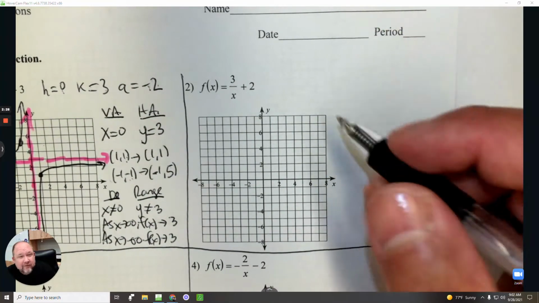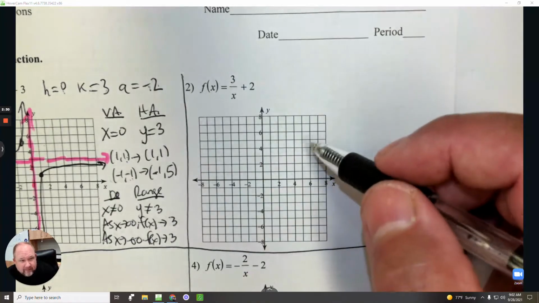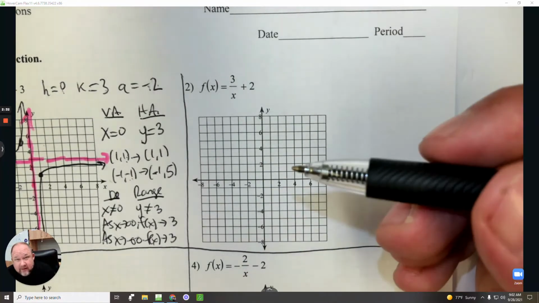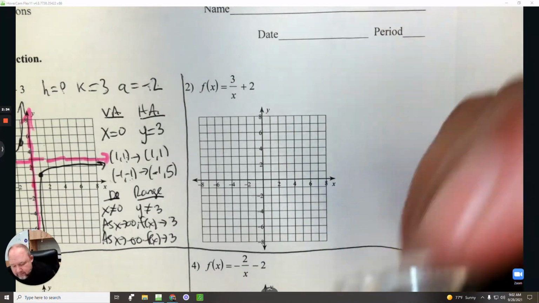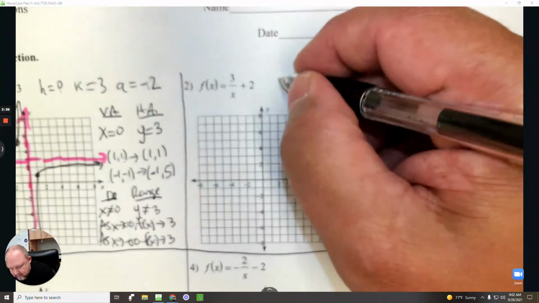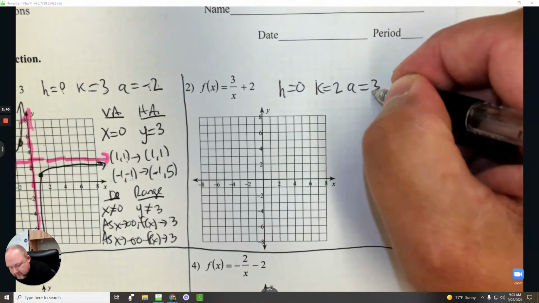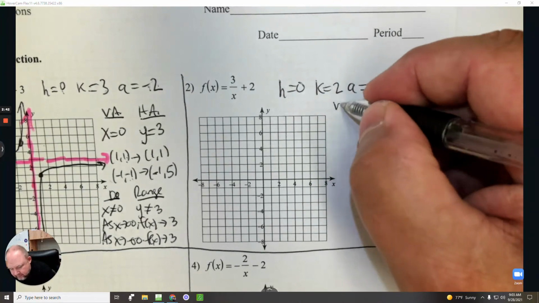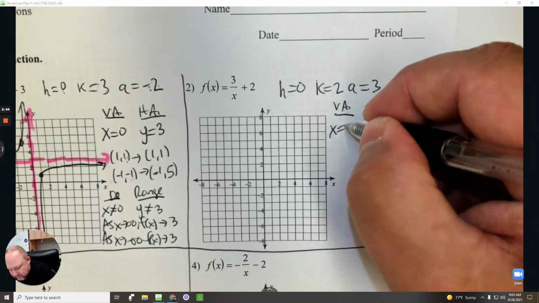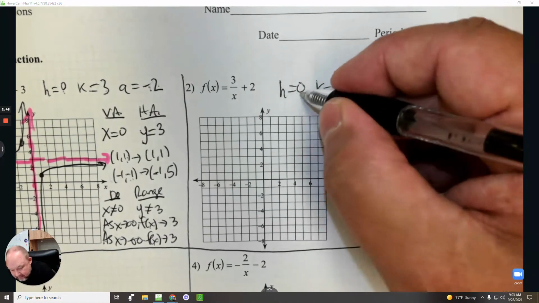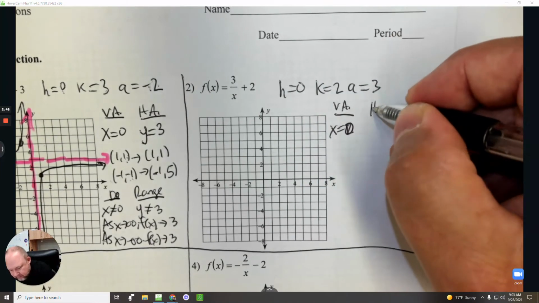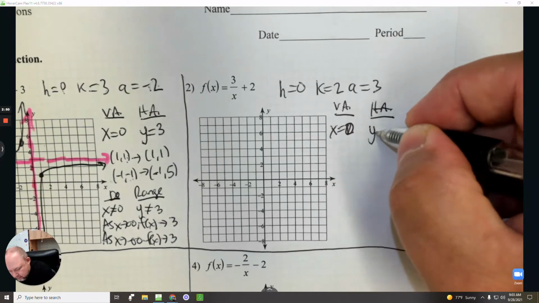So again, my suggestion is for you to try it and then press play. Or if you get stuck, play to the point where you need help and then press pause again. h is 0, k is 2, and a is equal to 3. That means the vertical asymptote is at x equals 0, and the horizontal asymptote is at y equals 2.